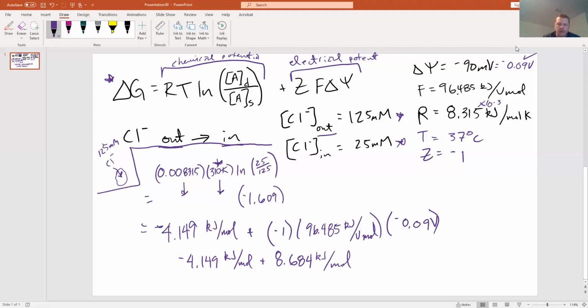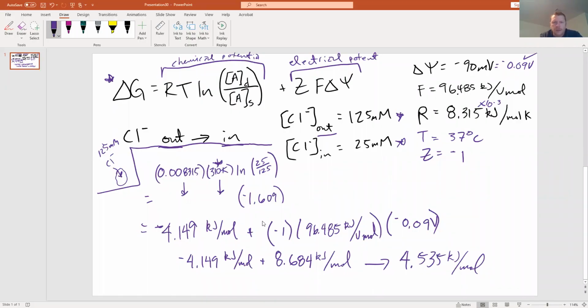And so that would mean this overall reaction is positive 4.535 kilojoules per mole.